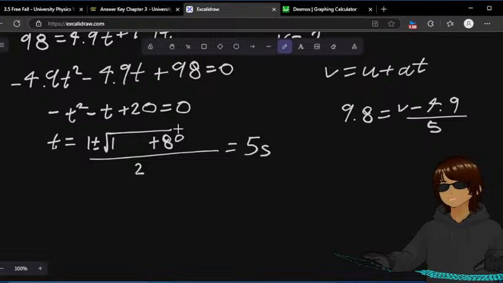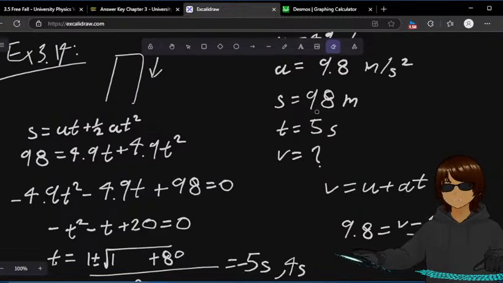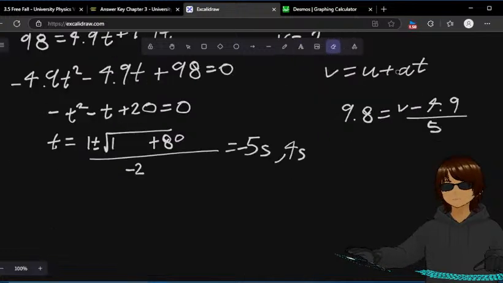So 1 plus 9 divided by 2, or we have 1 minus 9 divided by 2. Oh, it's negative 2, so it's minus 5 or 4 seconds. So the correct answer here is 4. Now it makes sense.